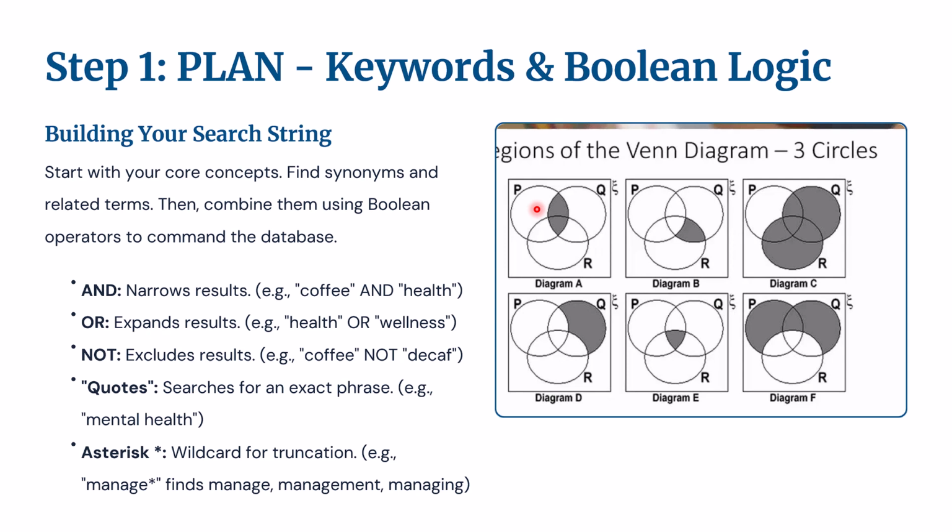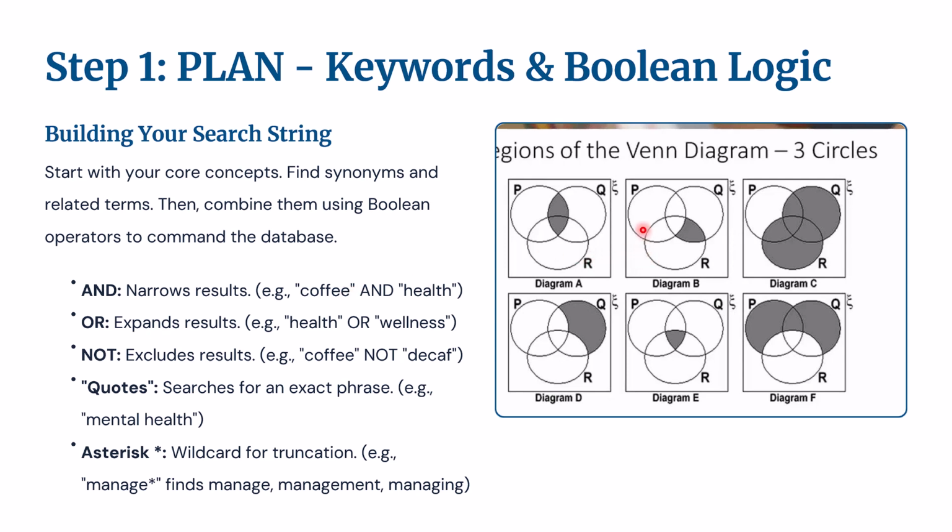If the study has only the P keyword, it won't show in the result. Only Q keyword, it won't show. Only R keyword, also it won't show in the output. Only research that has combined the three keywords will show up in the result of that search.